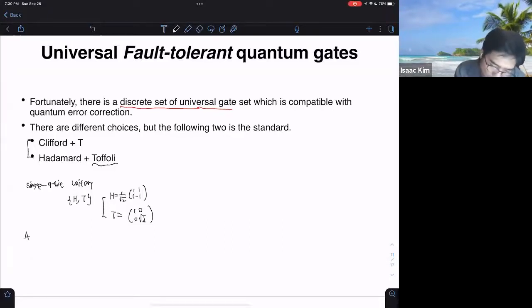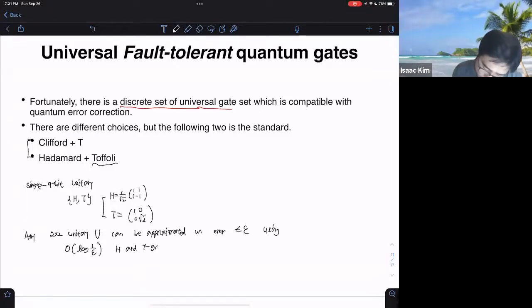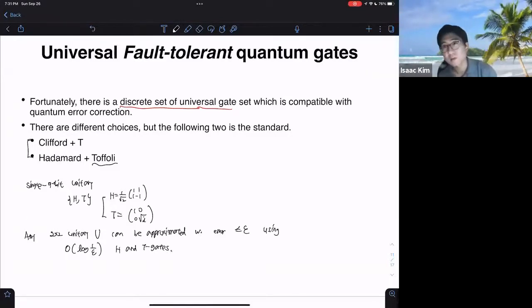Then this gate set is universal in the sense that any 2 by 2 unitary U can be approximated with error less than epsilon using order log 1 over epsilon H and T gates. So this is a known fact.